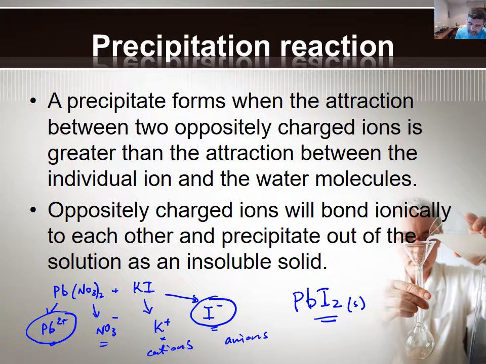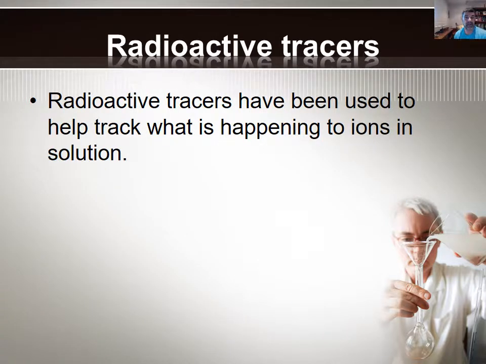That's because the attraction between these two ions is so strong that it overcomes the attraction of the individual ions for the surrounding water molecules. What this means is that a precipitate, an insoluble solid that does not dissolve in the water, will only form when these oppositely charged ions bond ionically to each other and as a consequence come out of the solution. How do we know this?